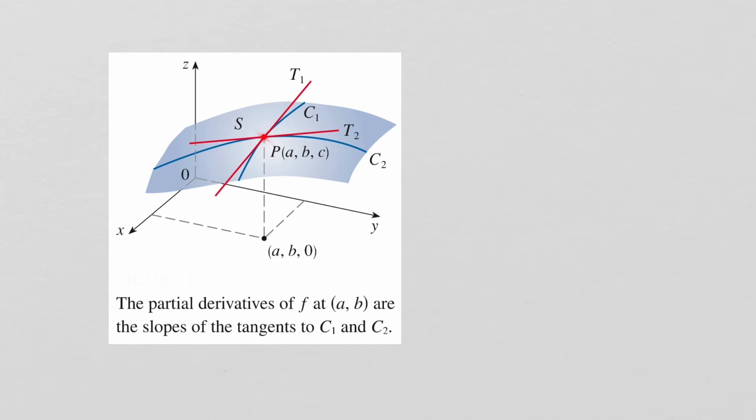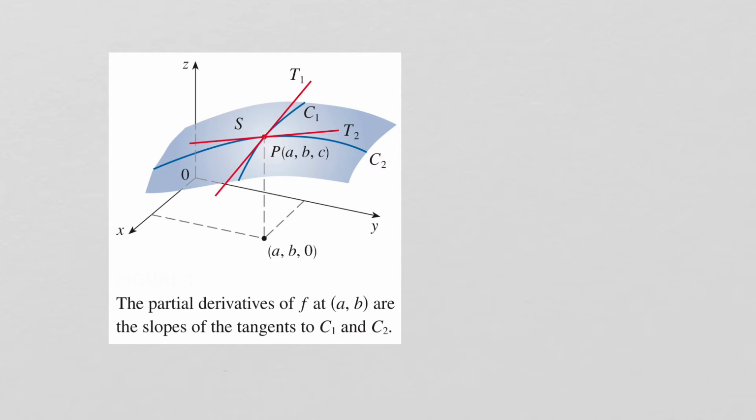If you pick a point on that surface and you find the derivative at that point, what you are essentially doing when you find the partial derivative with respect to x is you're finding the slope of the tangent line that is parallel to the x-axis. And when you take the partial derivative with respect to y, you are finding the slope of the tangent line that is parallel to the y-axis.